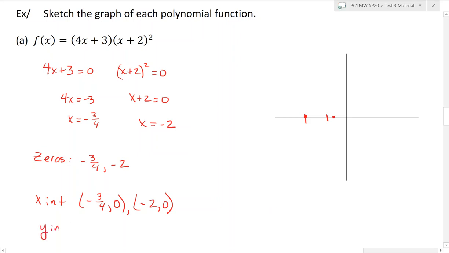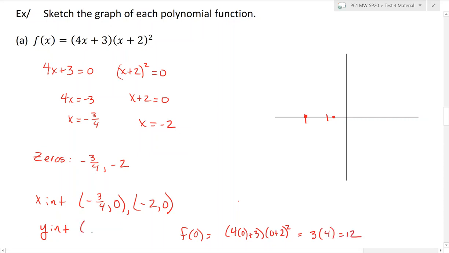And don't forget the y-intercept. Remember, how is it that you find a y-intercept? Find a y-intercept by making x 0. So we're going to find f of 0. So f of 0 is 4 times 0 plus 3, times 0 plus 2 quantity squared, which is 3 times 4, which is 12.